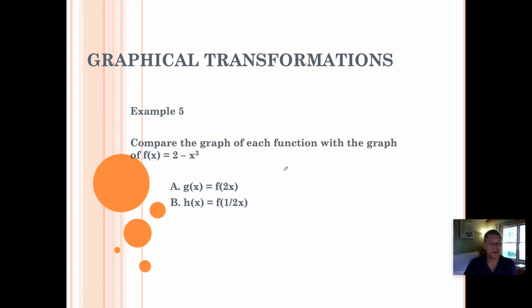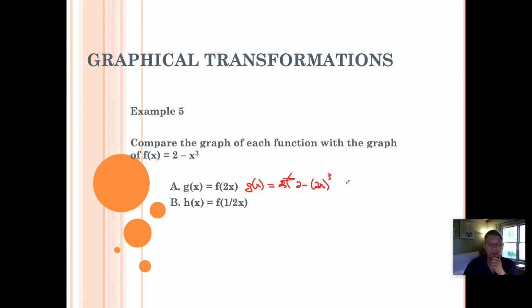Now, if g of x is equal to f of 2x, then what we're going to end up with is g of x equals 2 minus 2x, quantity cubed.